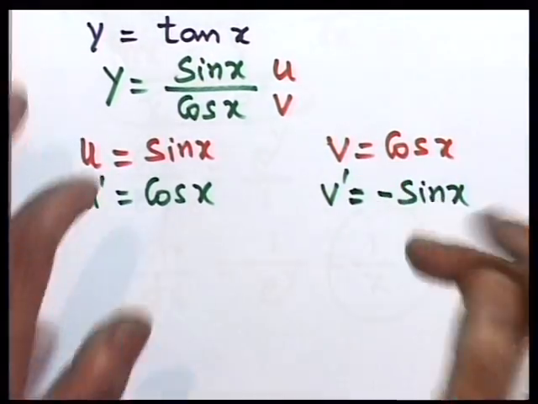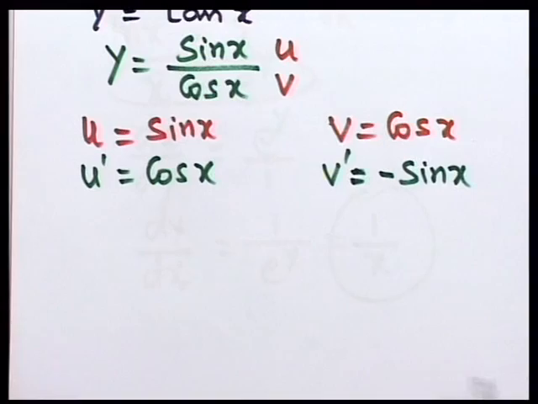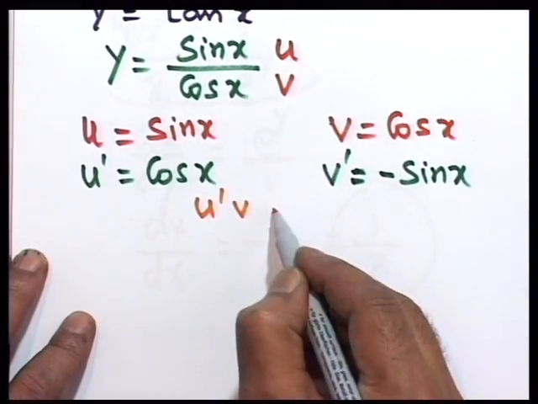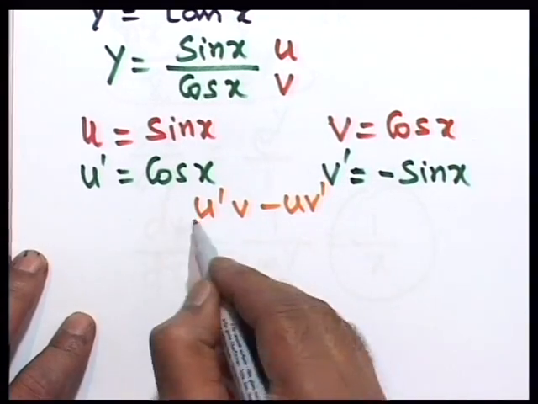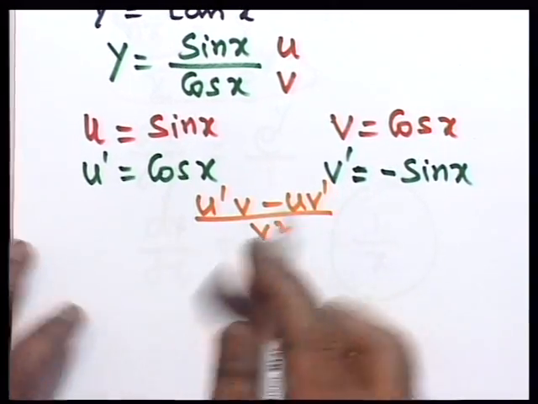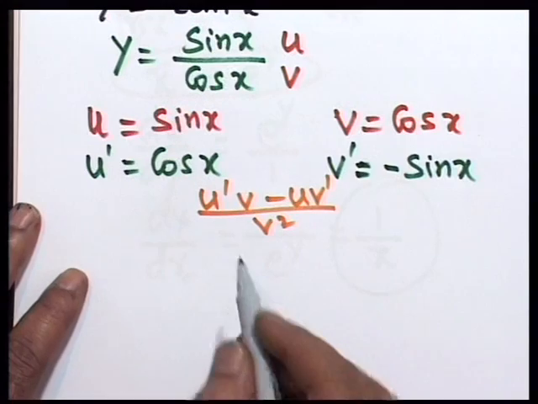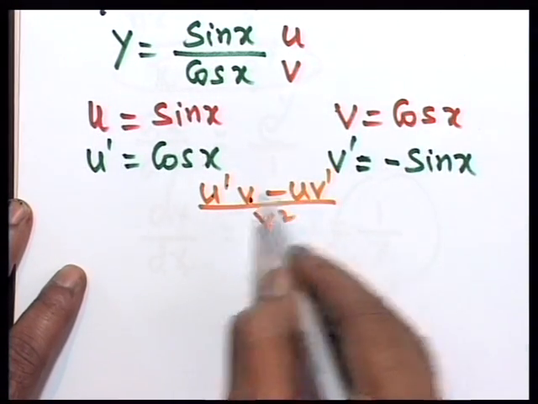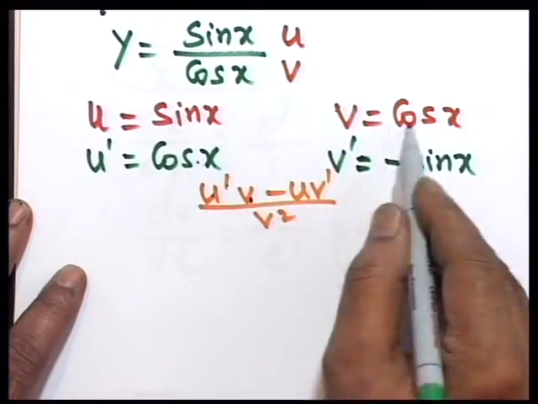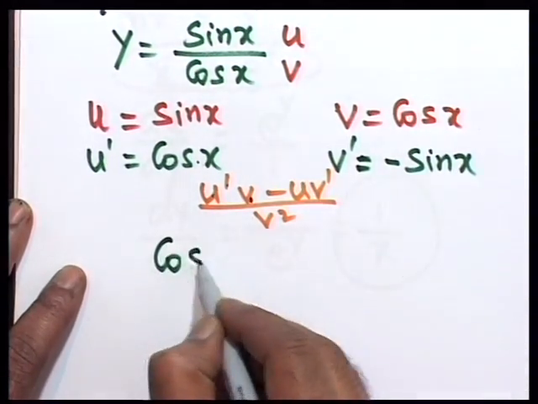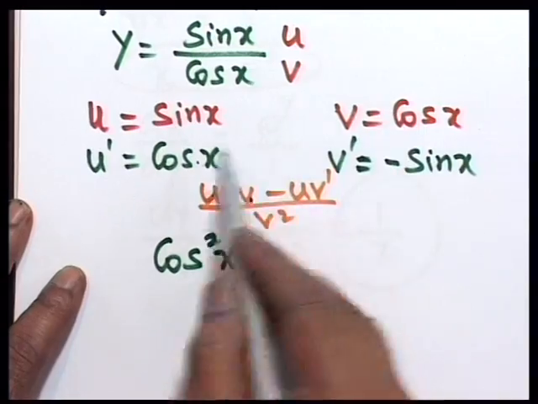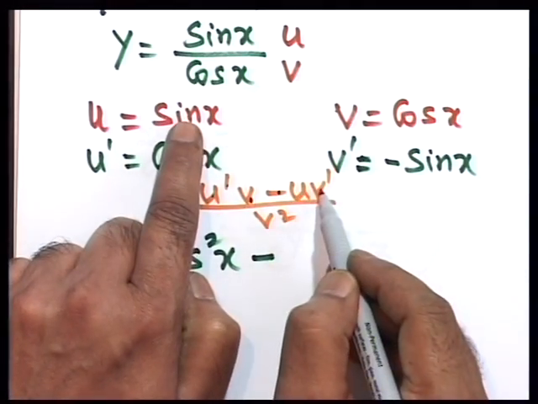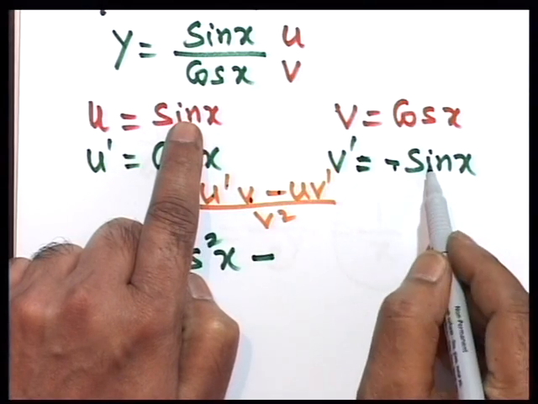So I got 4 of them ready. I can substitute into the formula, which is u dash v minus u v dash divided by v squared. Don't forget that, please. So u dash is cos x times v, which is cos x. So can I write that as cos squared x, because both are cos, minus u is sin x, v dash is minus sin x.